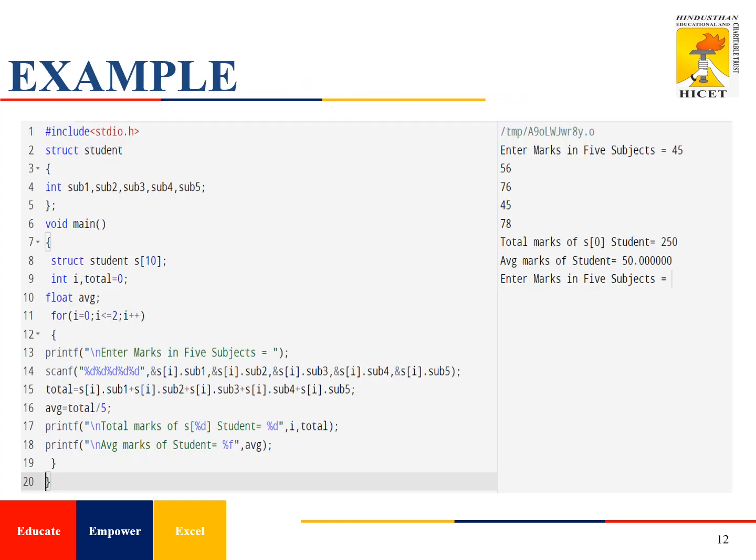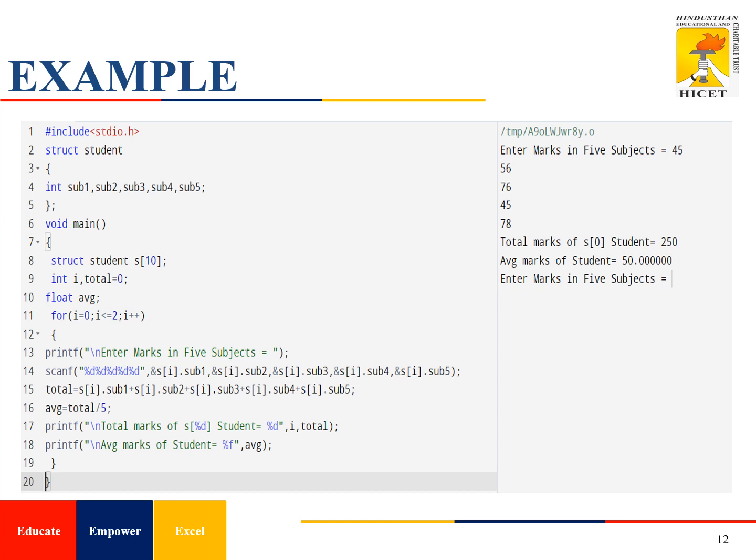And this is an example program where you can see the actual process of a structure. I have a student structure, and I have members sub1, sub2, sub3, sub4, and sub5. In those I'm entering some values or numbers representing the marks of 5 subjects of a student, and I'm calculating the total marks and average mark.